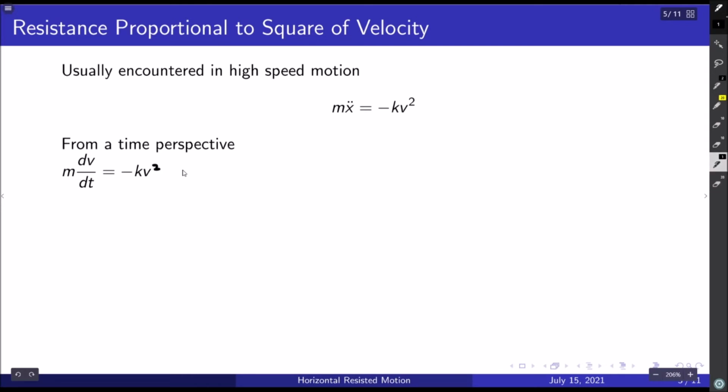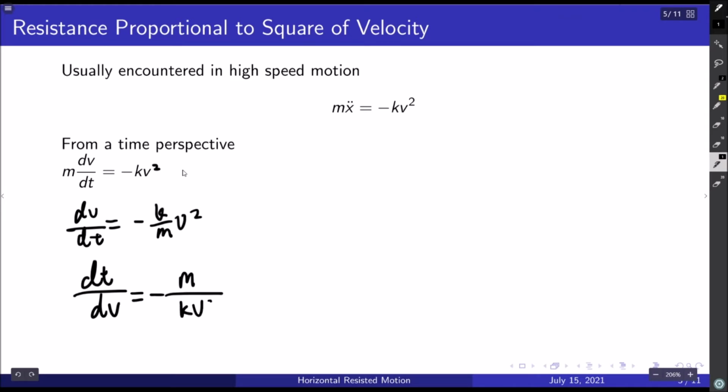Okay, so we're going to do more or less the same thing as previously. dv over dt equals negative k over m v squared. And of course, we have to turn things upside down so we can integrate it. dt over dv equals negative m over k v squared.